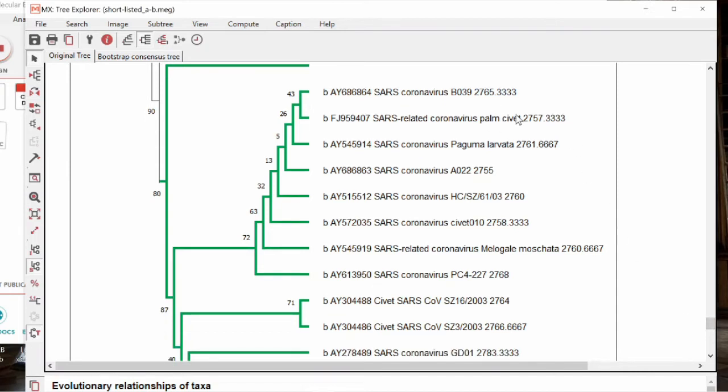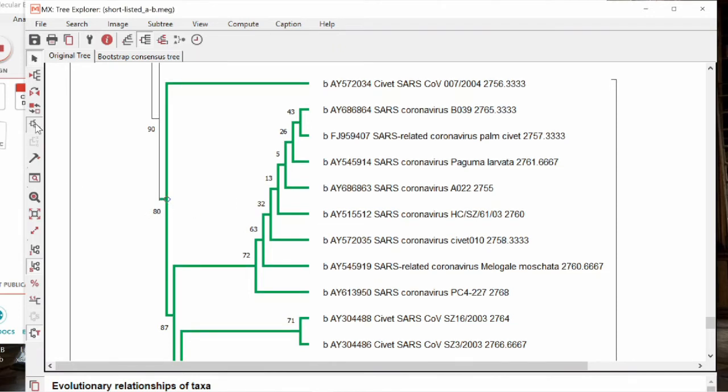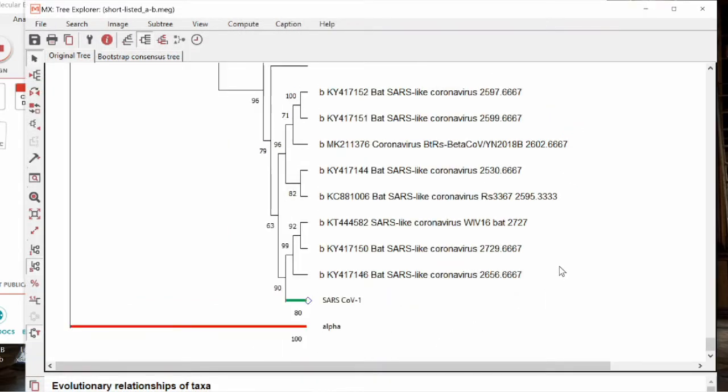That's why the civets were established as intermediate host for SARS-CoV-1. Again, the civet here. So let's compact this group. Okay, so we compacted it to SARS-CoV-1.